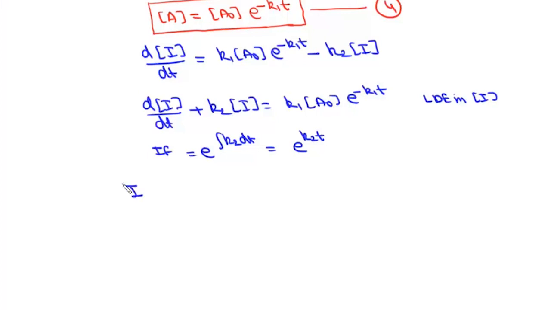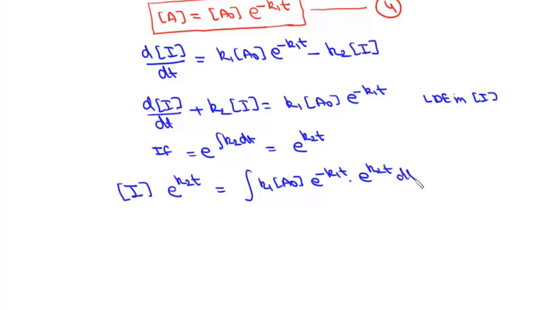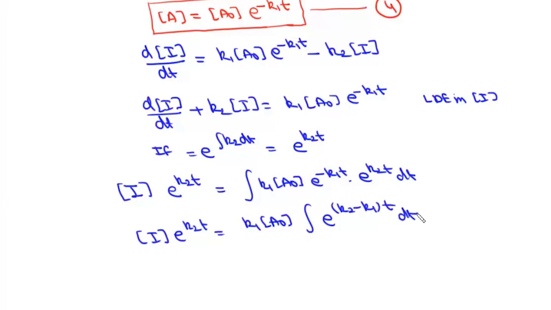So this is I into e to the power K2t, and then this integral K1 A0 e to the power minus K1t into e to the power K2t dt, and we can write this as I e to the power K2t equals K1 concentration of A0 and then e to the power (K2 minus K1)t dt.